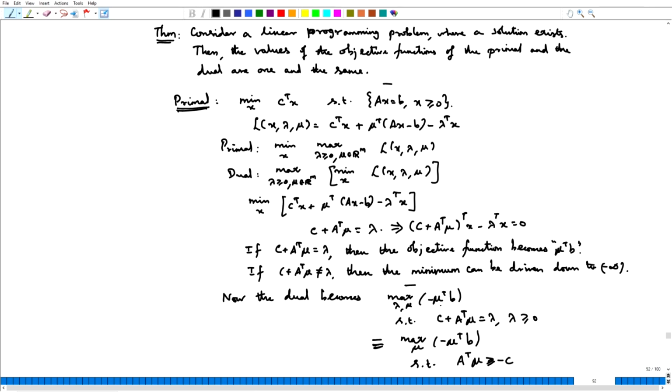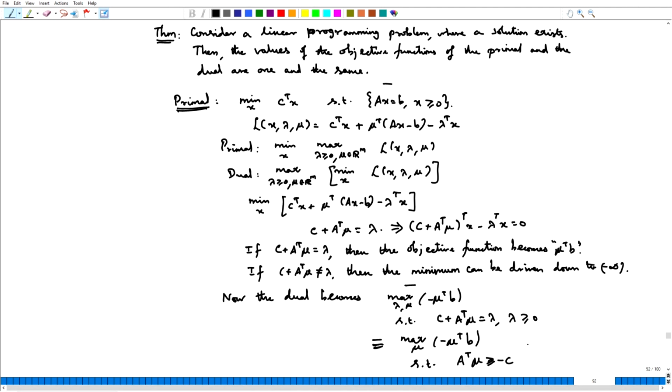So the problem thus becomes: maximize minus mu transpose b subject to A transpose mu greater than or equal to minus c. Suppose I write mu as minus mu. Note that mu is not constrained, so if instead of mu being 5, I write it as minus 5, for example, it makes no difference.